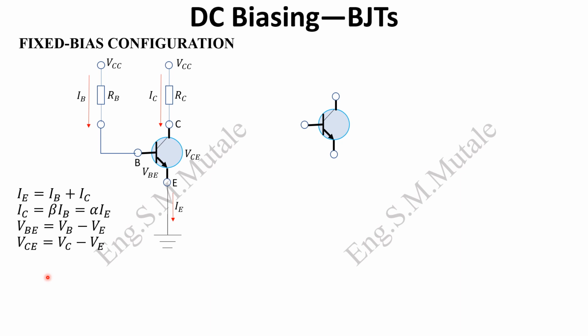To bias such a transistor in a fixed bias configuration, you need to take two routes. You can take this route, VCC coming from here, passing through the base, and then going to the ground, or you can take the other route, which goes straight from the collector and then to the ground. We'll start with this one.